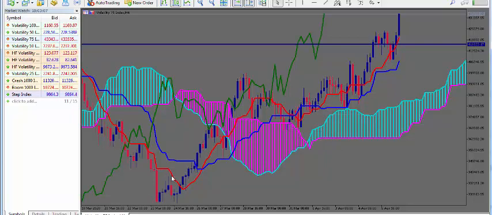Another way you could trade it is to use the Tenkan-sen, that's the red line. See that price breaks the red line. At the point where price breaks the red line, you could take your buy. So instead of having to wait for all of this and miss out on all of this profit, you could use the Tenkan-sen as a baseline, like a support and resistance level.